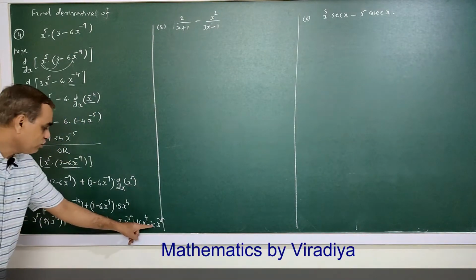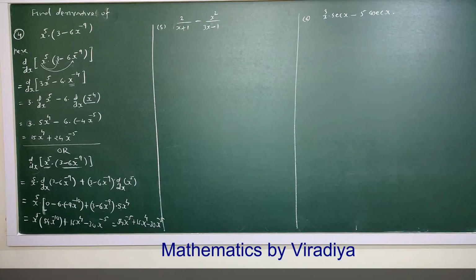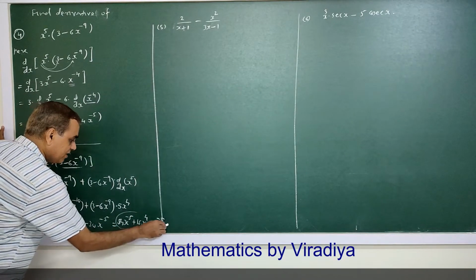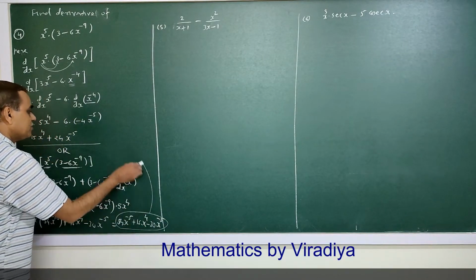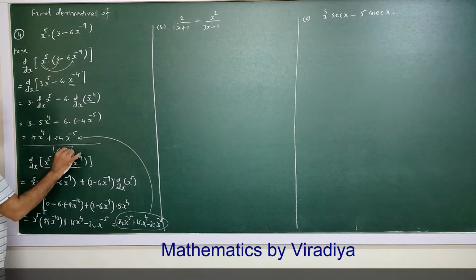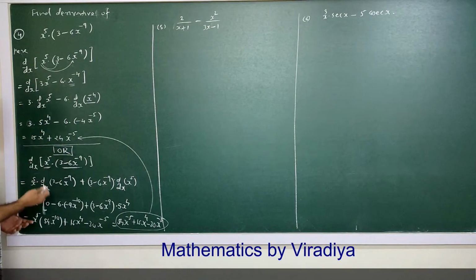So 54 minus 30, that is 24 x raised to minus 5, plus 15 into x raised to 4. So this is the same answer which we obtained here. So it can be done either this way or that way.